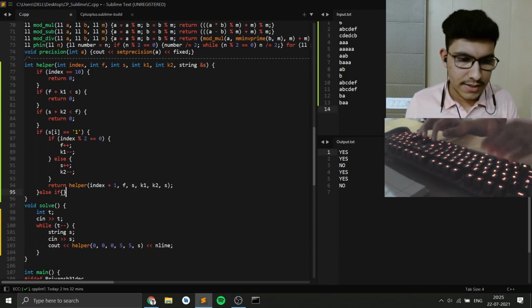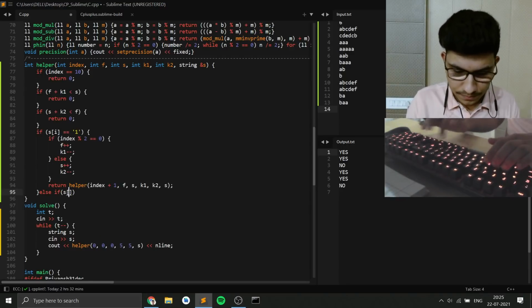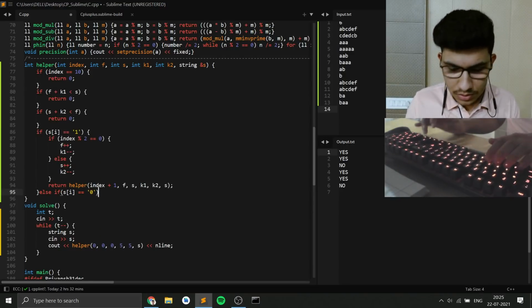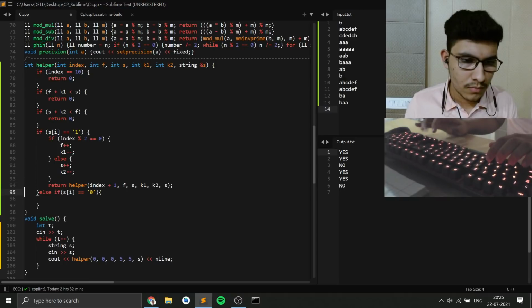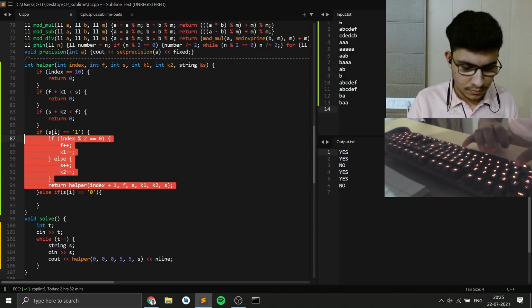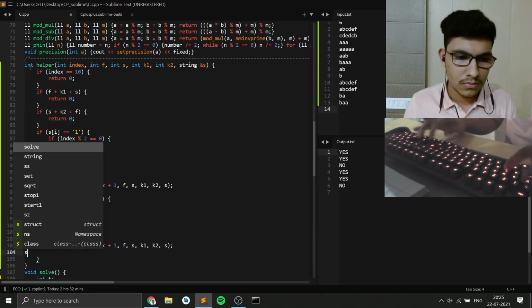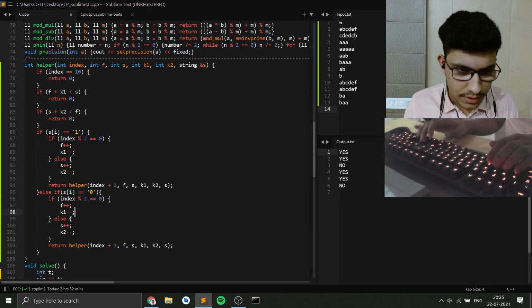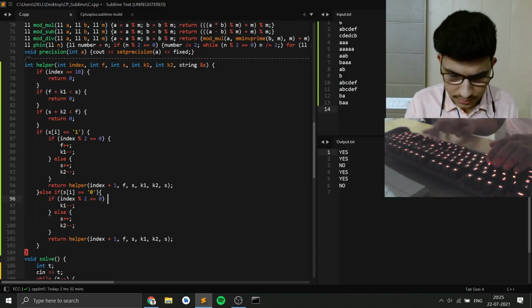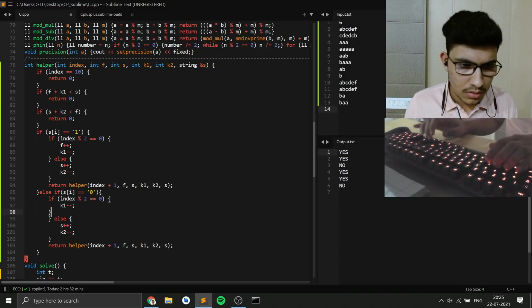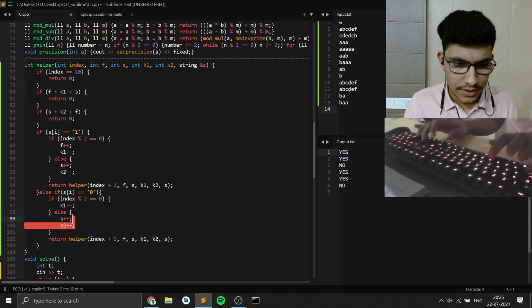Now we'll be considering this case where s at i equals 0. That means there is no goal scored here. So here I'll just do k1 minus minus, and here I'll just do k2 minus minus.